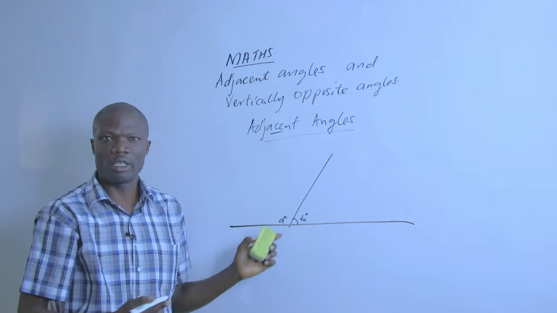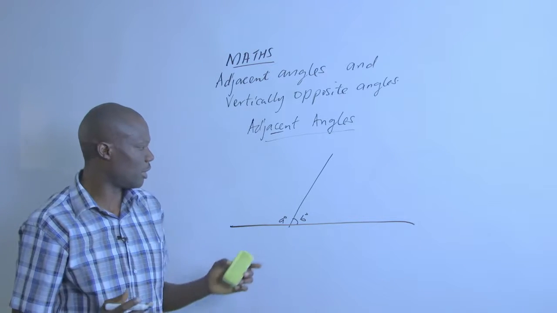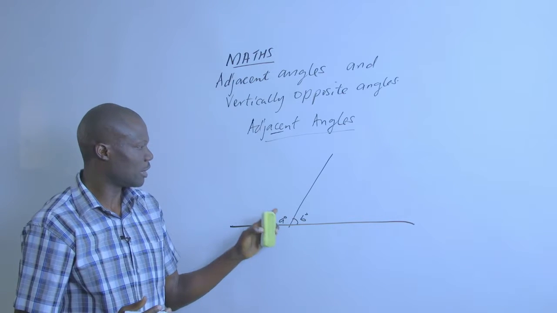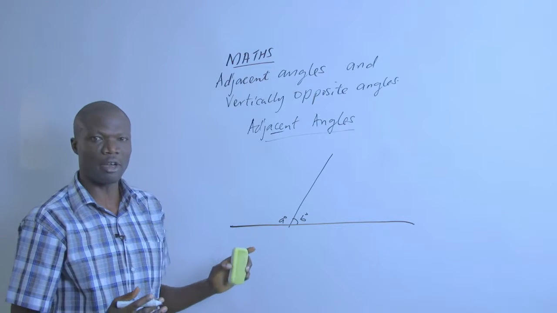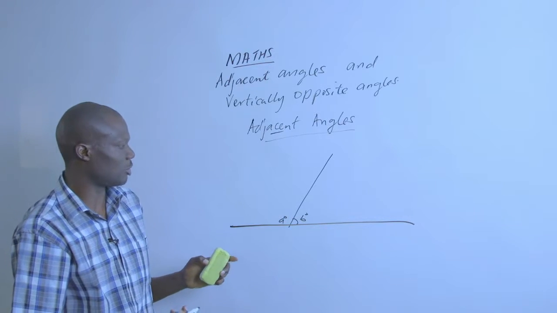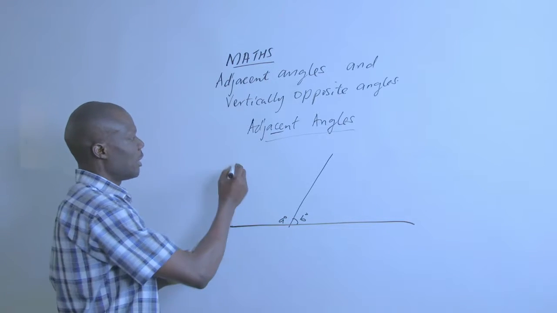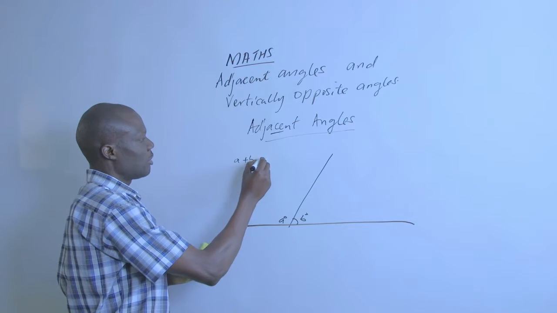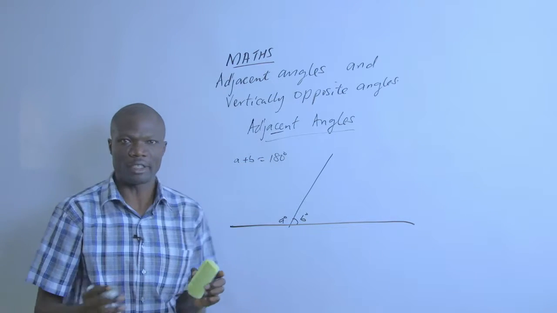A and B in this particular case are again adjacent angles, but this time now they form two angles that lie on a same straight line. You realize that A plus B gives us 180 degrees.